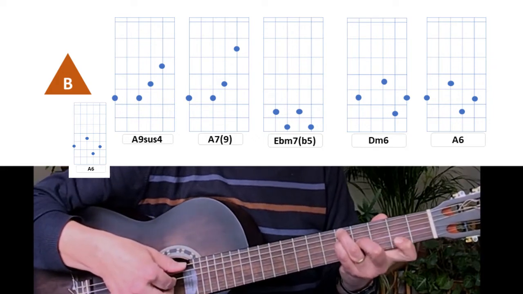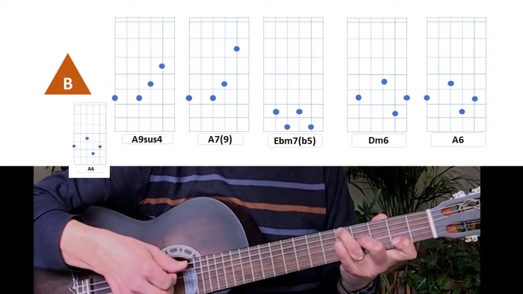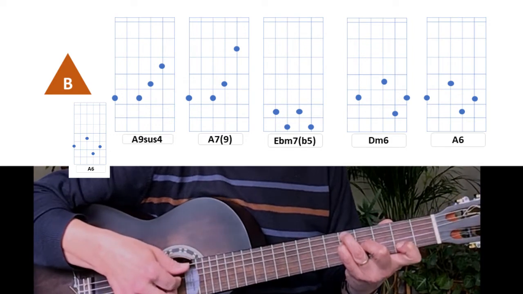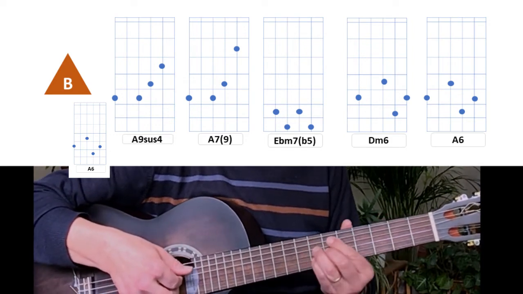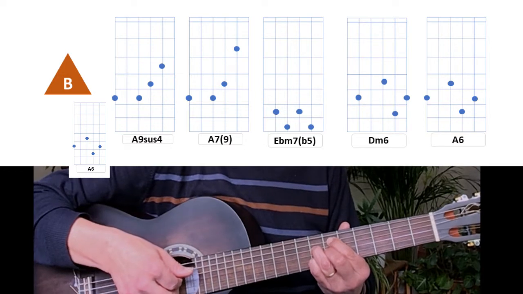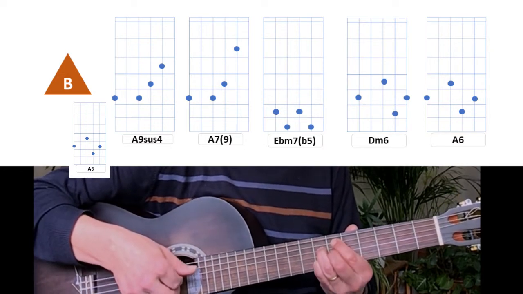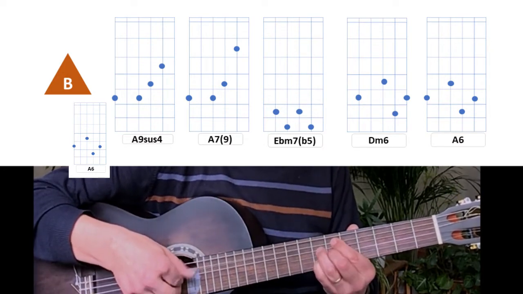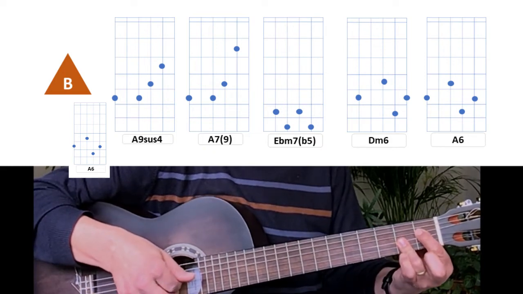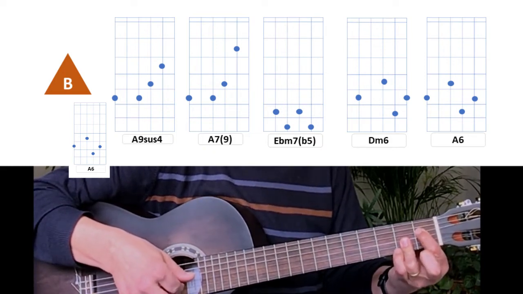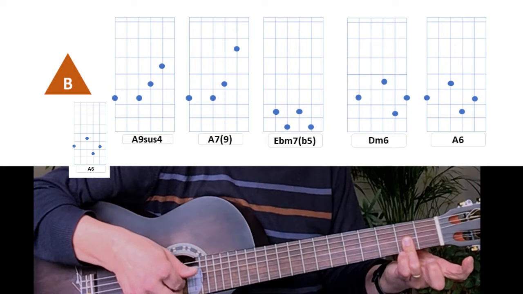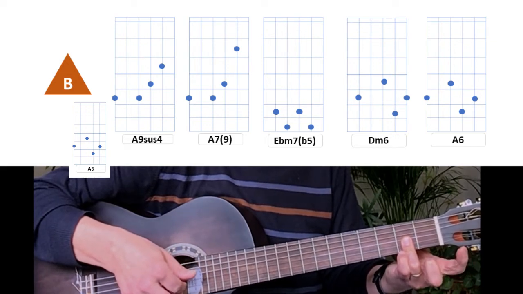That goes very quickly to an A7 9, and then we go to this chord, which is an E flat minor 7 flat 5, which actually you can play here. And once again, notice how close this shape is to a D major 7.